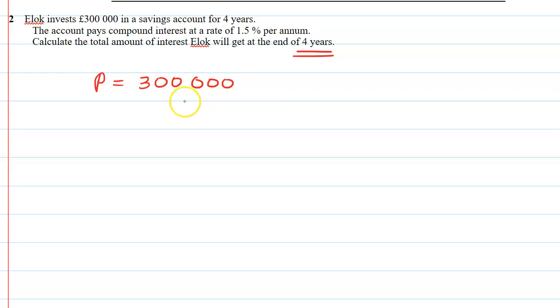Now the multiplier is 1.5%, and if you divide 1.5 by 100, the multiplier will be 300,000 times 1.015. Because it is a calculator paper, if you multiply you'll get 304,500.